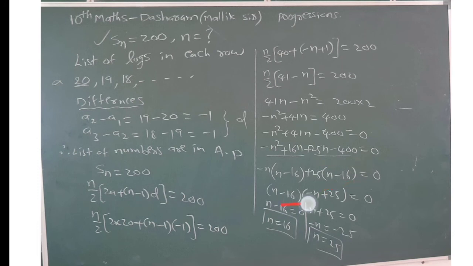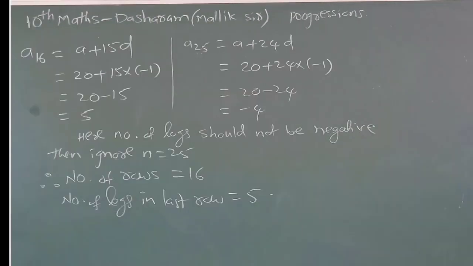So now it is (n minus 16) times (minus n plus 25). So we got two n values, 16 and 25, and both are positive numbers. If any one value is negative, then we can ignore it, but here both are positive. So let's see what will happen. We got two n values, one is 16, another one is 25.